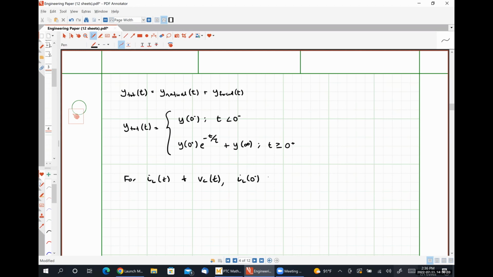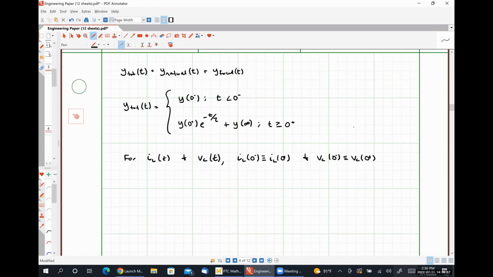IL at 0 minus has to equal IL at 0 plus, and VC at 0 minus has to equal VC at 0 plus, because the current through an inductor cannot change abruptly, and the voltage drop across a capacitor cannot change abruptly.